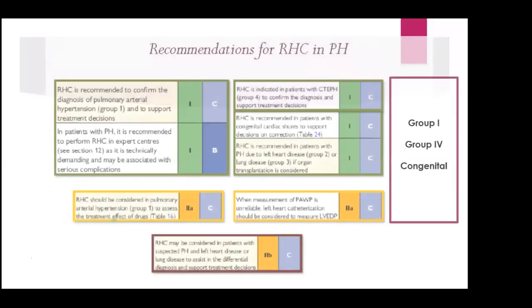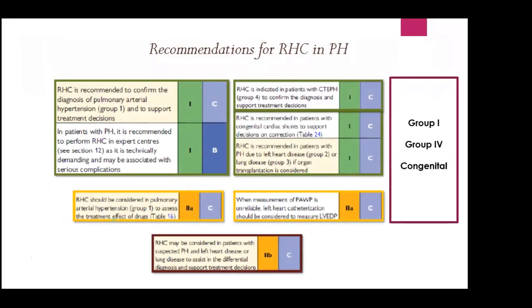Let's see first when we recommend the right heart cath. It should be done in group 1, group 4, in the congenital cases, and if we have a suspicion about type 2 or type 3. However, group 1, group 4 and congenital heart disease are the recommended cases for right heart cath.